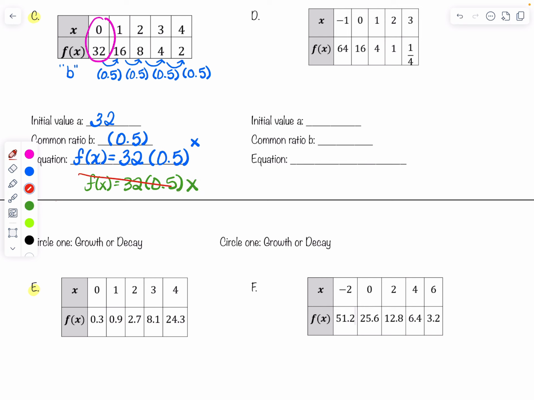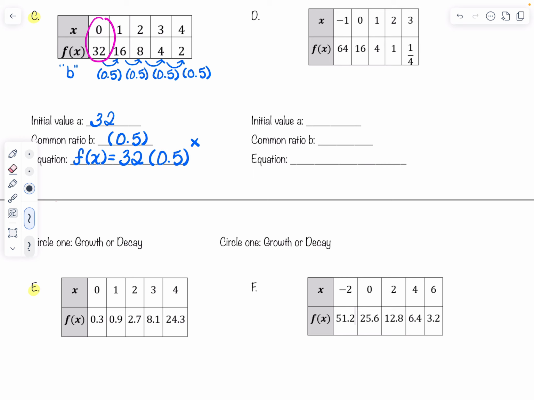That is wrong. Okay? This x has to be in the exponent. It cannot be written next to the 0.5 like it's being multiplied together. They have two different meanings. Okay? All right, let me go ahead and erase that mistake.